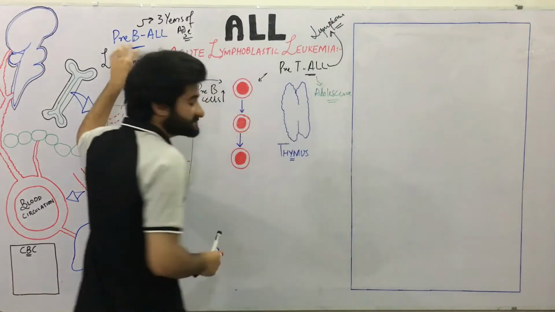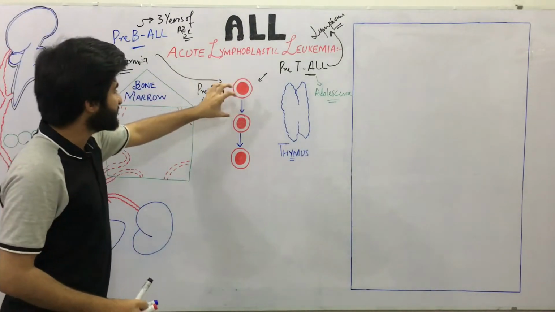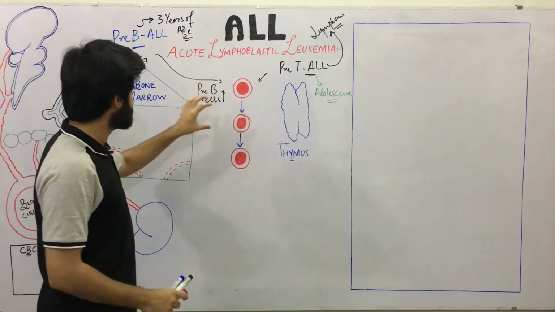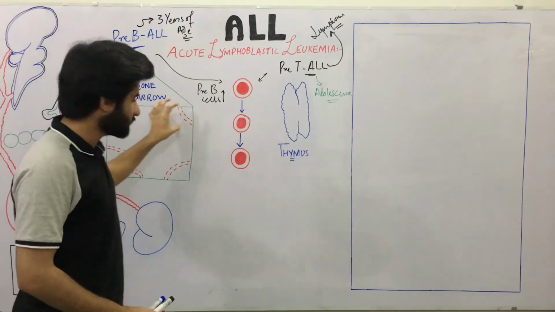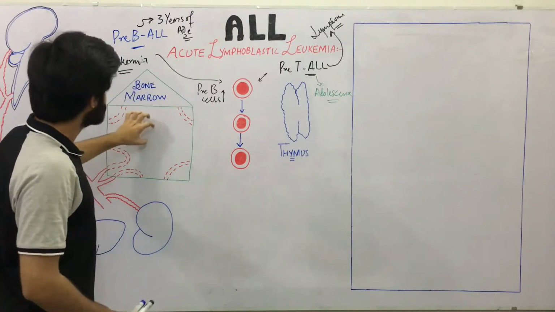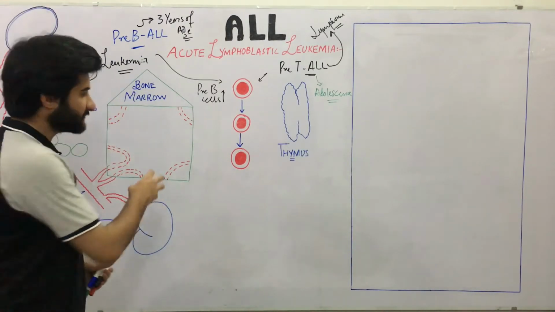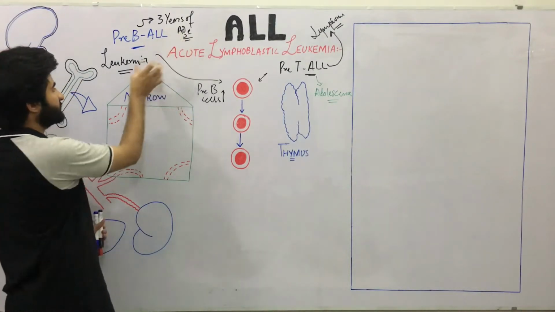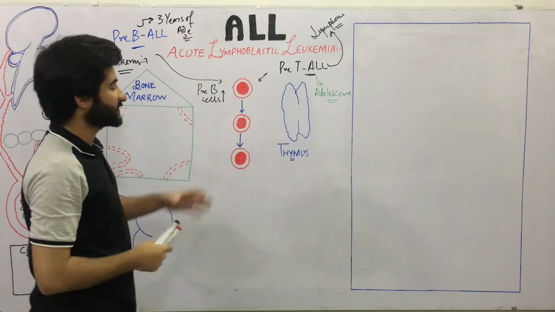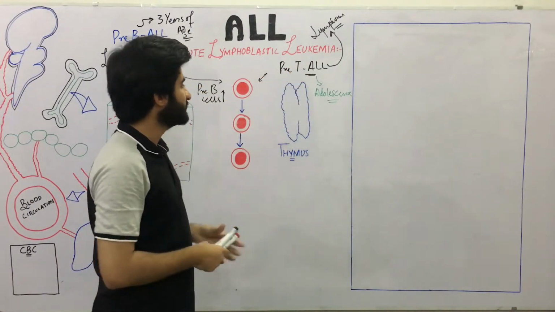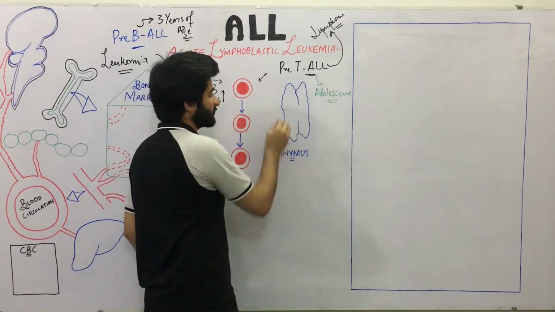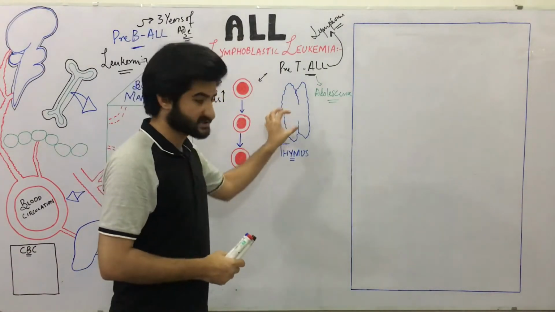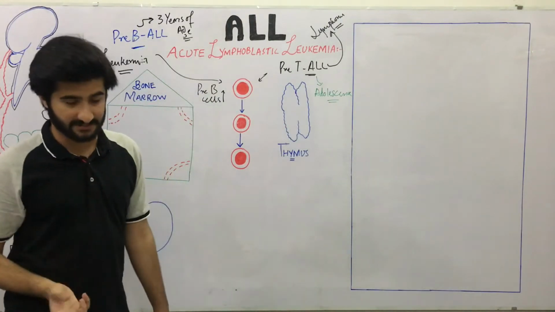As we know, these precursor B cells are now malignant and neoplastic. They will undergo a lot of mitosis and fill the bone marrow, and after filling the bone marrow, they will spill into the circulation. Hence pre-B-ALL gives us a leukemic picture. But in pre-T-ALL, the precursor T cells only divide and increase in number in the thymus, hence it will give us thymic masses.